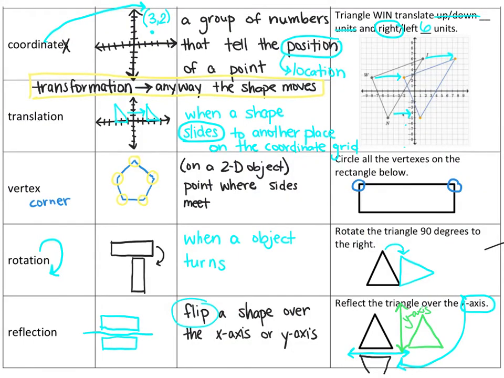Now, just as a quick reminder on our vocabulary for geometry, when something moves or slides to another place on the coordinate grid, which is right here, we call it translation.